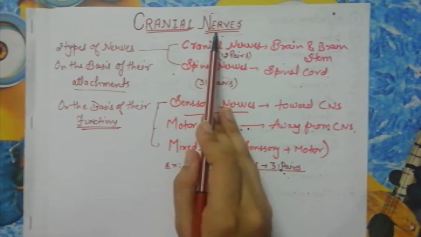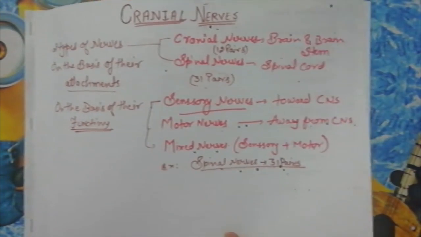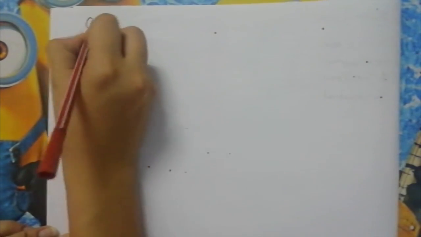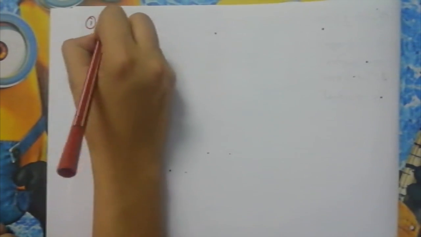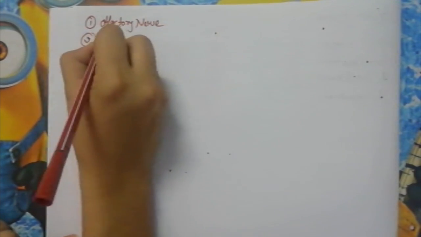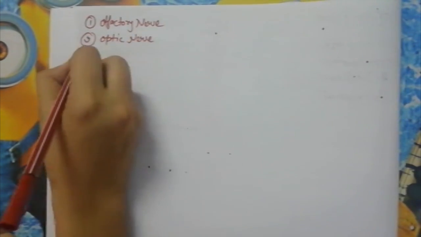So let's start and see all the cranial nerves and their names. There are 12 pairs. First is olfactory nerve. Second is optic nerve.